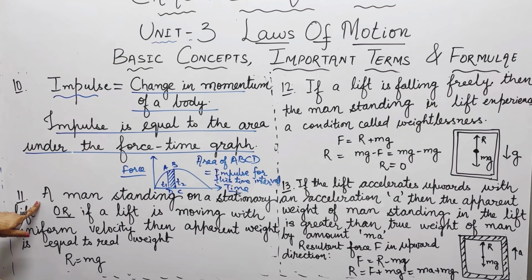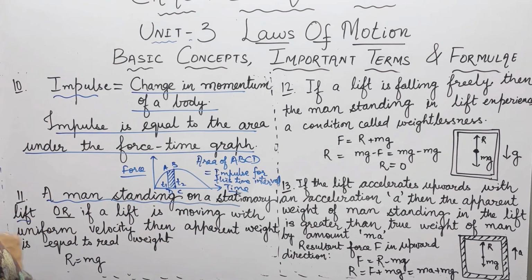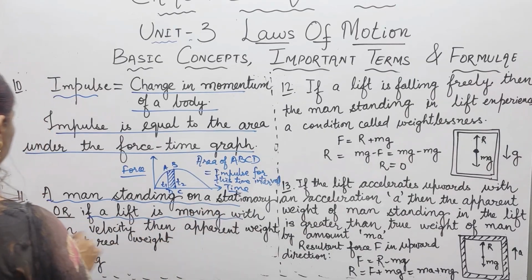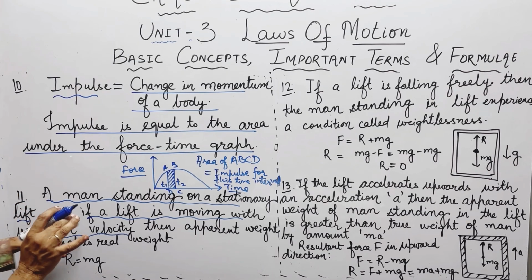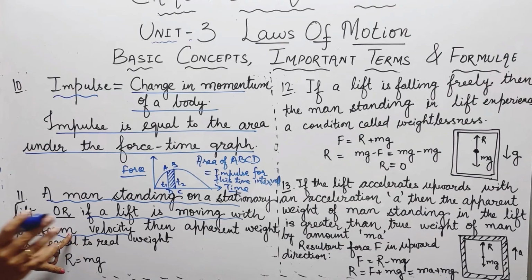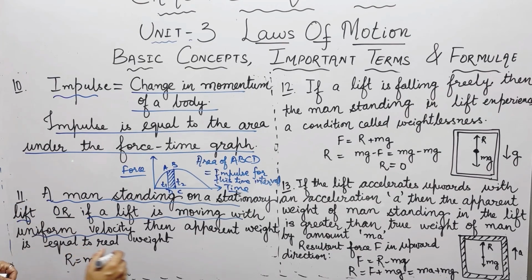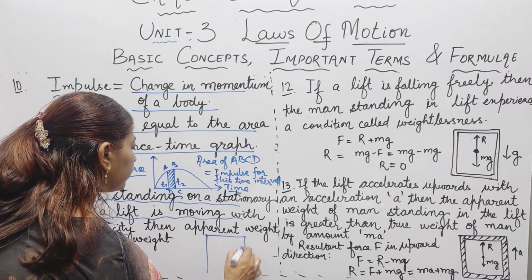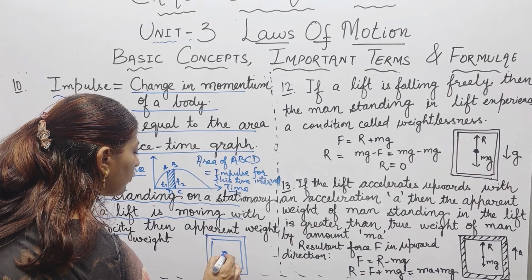The next is, if a man is standing on a stationary lift, or if the lift is moving with uniform velocity. In this case it is stationary, and in the stationary case there is no acceleration. If the lift is moving with uniform velocity, again there is no change in velocity, so acceleration will be zero. Suppose this is a lift and this is the position of a body.